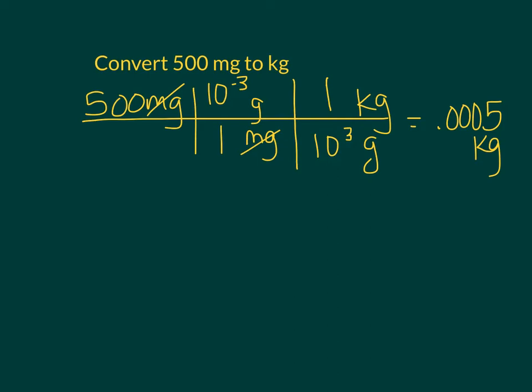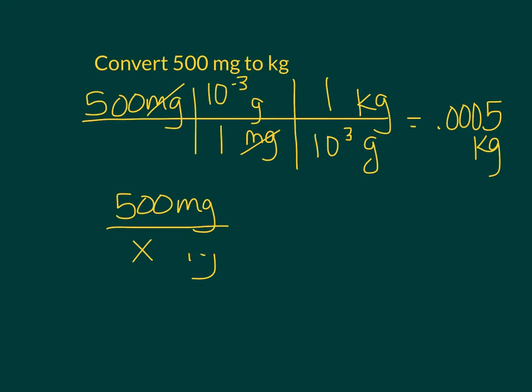Using our proportions, we're trying to convert 500 milligrams to kilograms. We don't know how many kilograms that is. Okay, we don't know how many milligrams are in a kilogram off the top of our head. We can figure it out. I'm going to show you how to do that next. But it'd probably be easier if we did this in 2 steps.